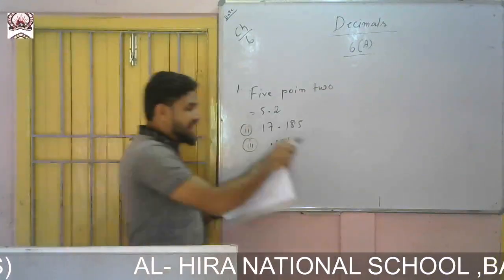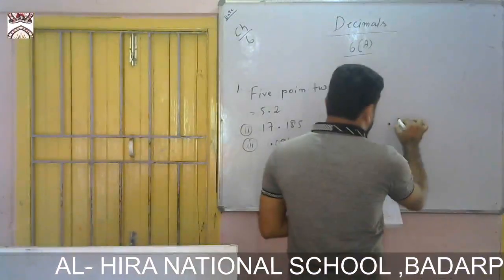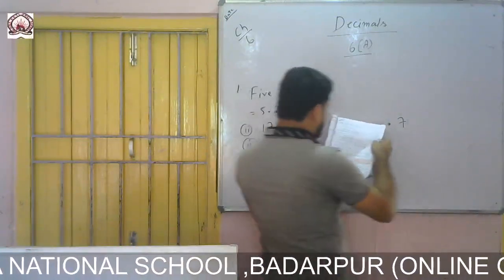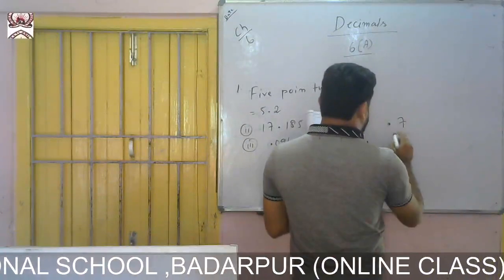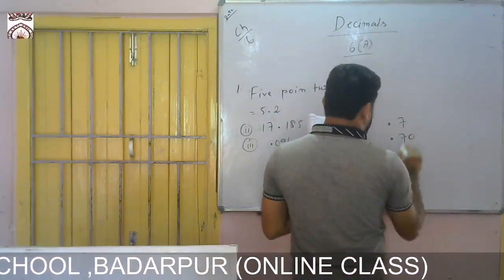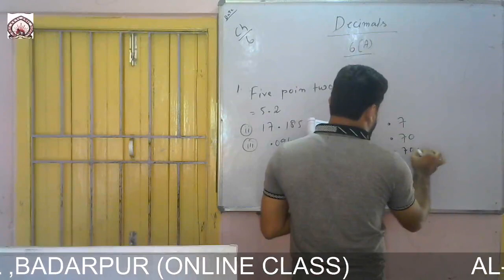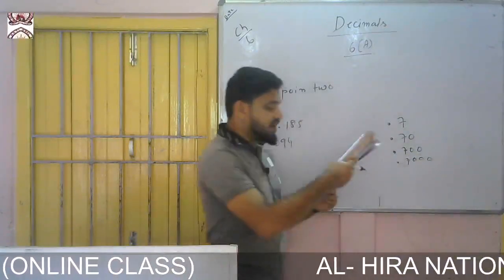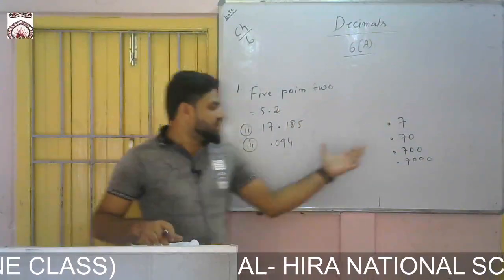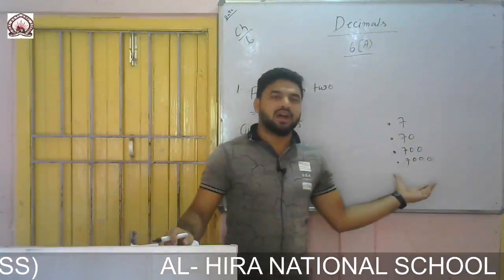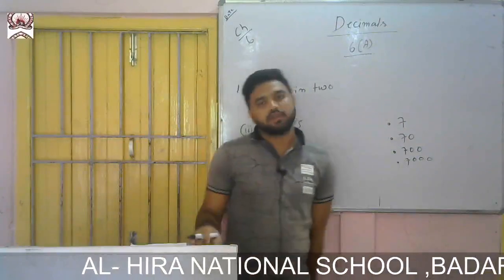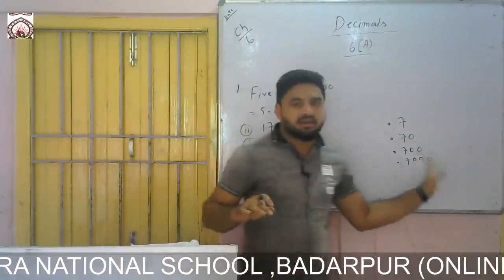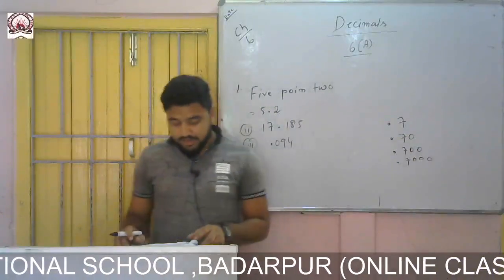Suppose if I write 0.7, then if I write 0.70, no problem. 0.700, 0.7000, it doesn't change the value of the number. These all are same. That means at the extreme right you can add zeros, no problem.